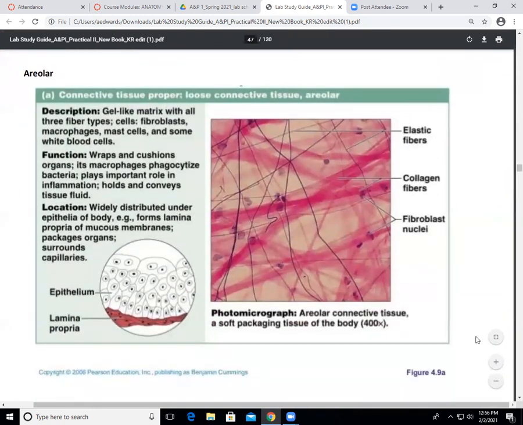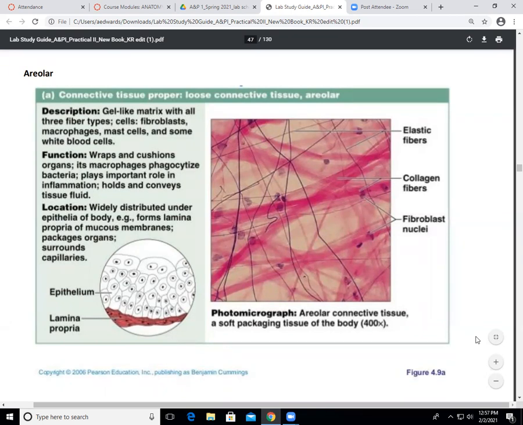All right, so let's start with areolar connective tissue. So with areolar, what you'll see is basically like a meshwork. Okay, you've got these collagen fibers in pink, and these black or dark, the thin fibers are elastic fibers. Okay, and the little dots, these are fibroblast nuclei.